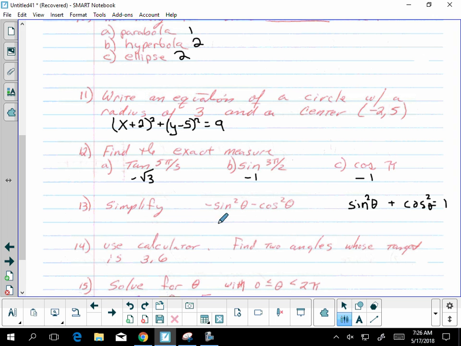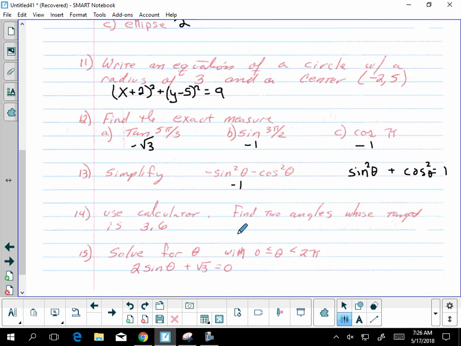So if you look at that closely, if I just multiplied everything there by -1, negative sine squared theta minus cosine squared theta is going to equal -1.